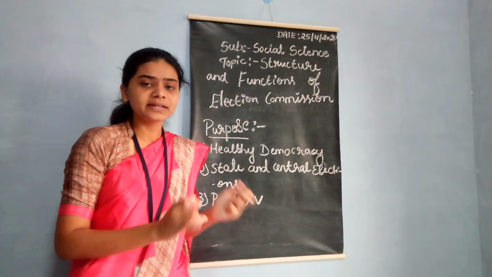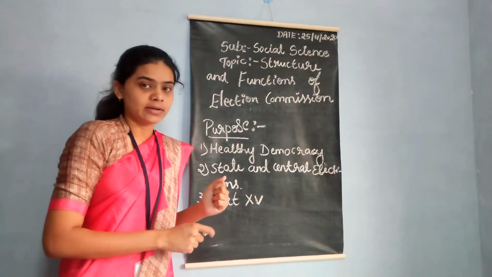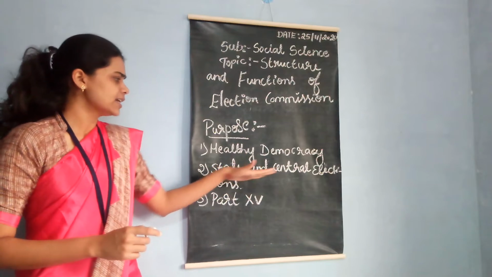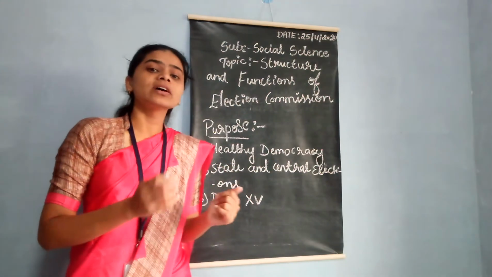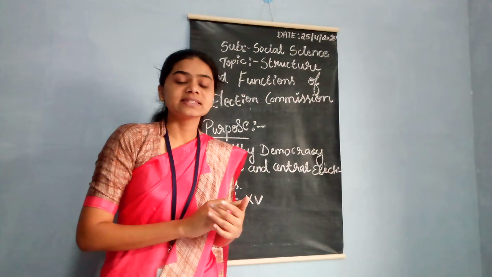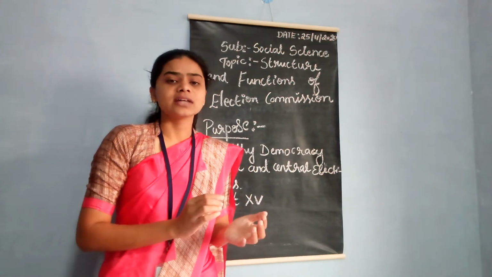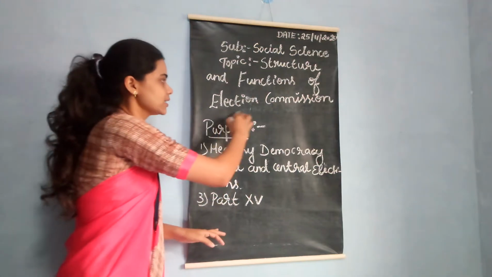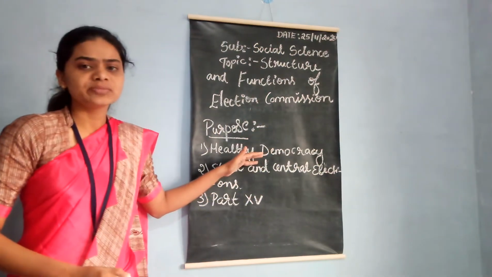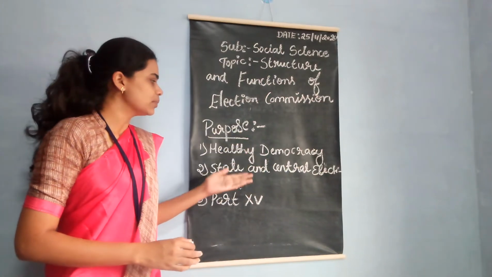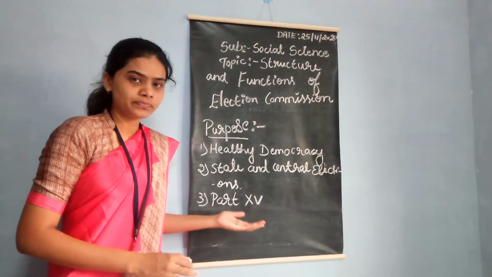These elections are conducted by the election commission. Next thing, it is not only for the state and central elections but also for the local elections. For example, the panchayat elections and other kinds of local elections are also conducted by the election commission. Did you understand these points? Yes. So these are the important purposes of elections.